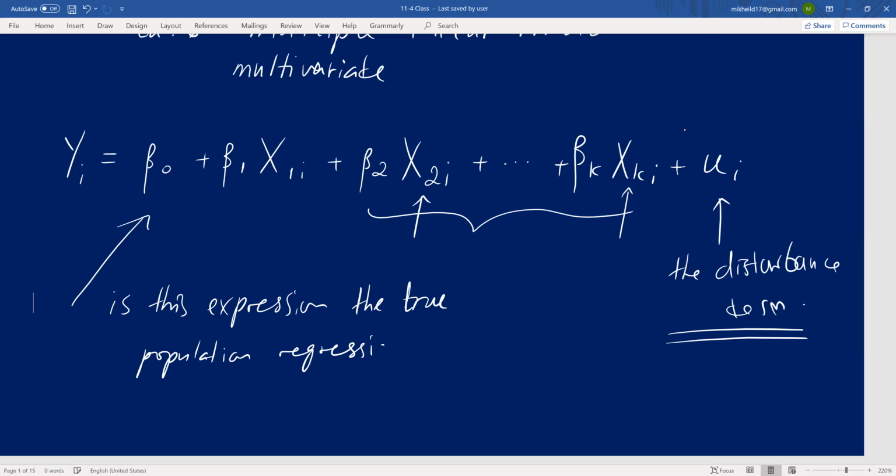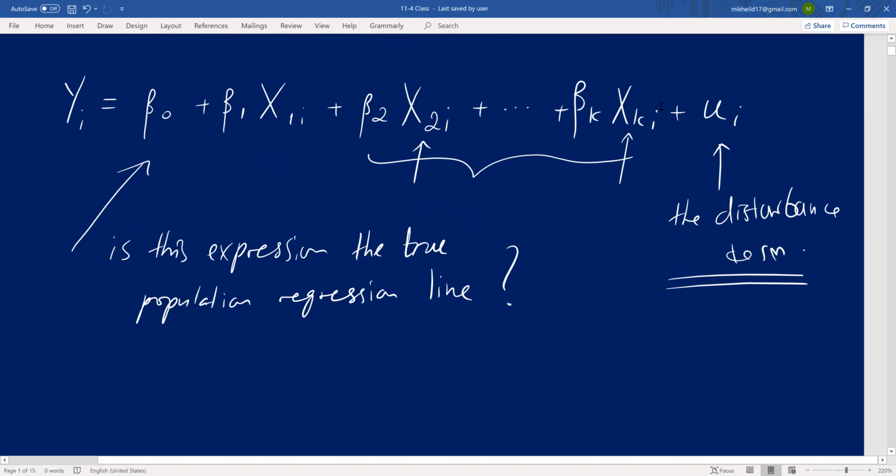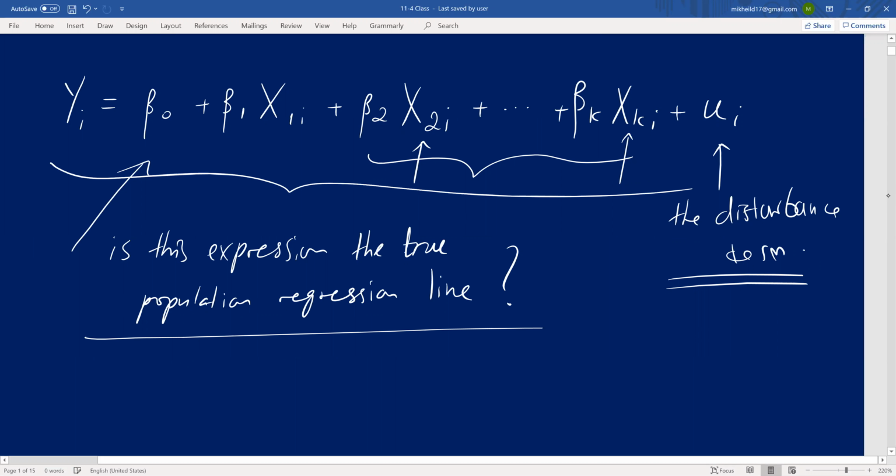It's not from a sample. So guys, you are partially right, but you are not entirely right. If you carefully read this question, can you once again think about it and let me know if this expression is the population line? The whole expression. Now, why? The disturbance. Exactly.